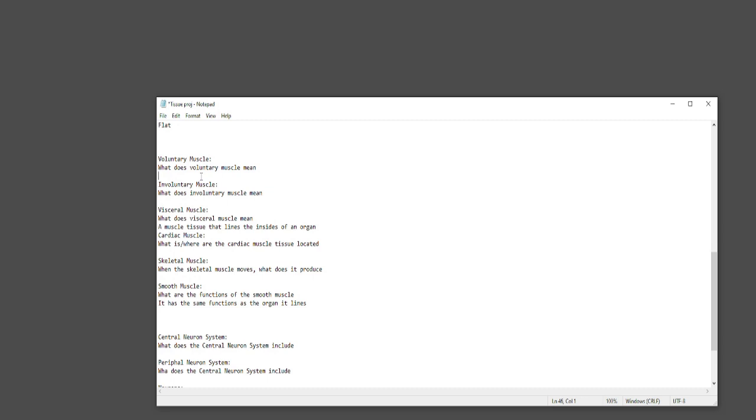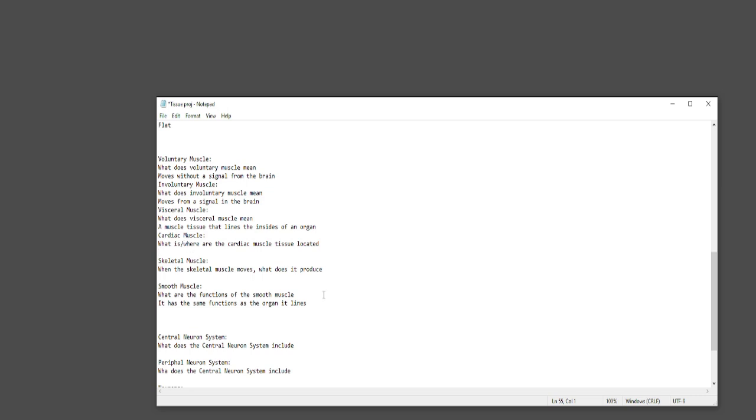So voluntary muscle means moves without a signal from the brain. And on the other hand, involuntary muscle means moves from a signal in the brain.